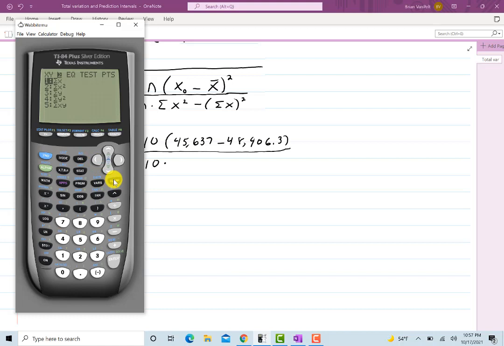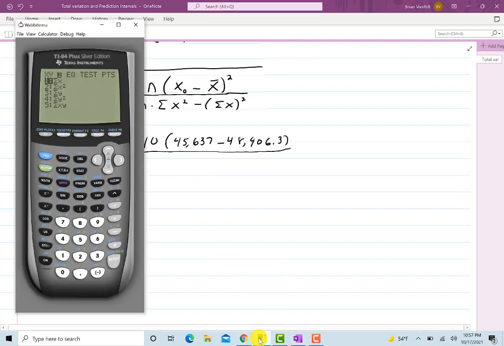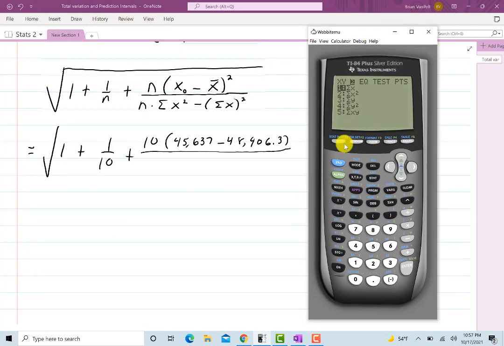So instead of doing all this, I am going to write it underneath here and watch how I do it. I'm going to use my calculator to do all of this for me. Let me first quit this. So I need to have 10 for my n, so I'll do my 10. Now I need a times.